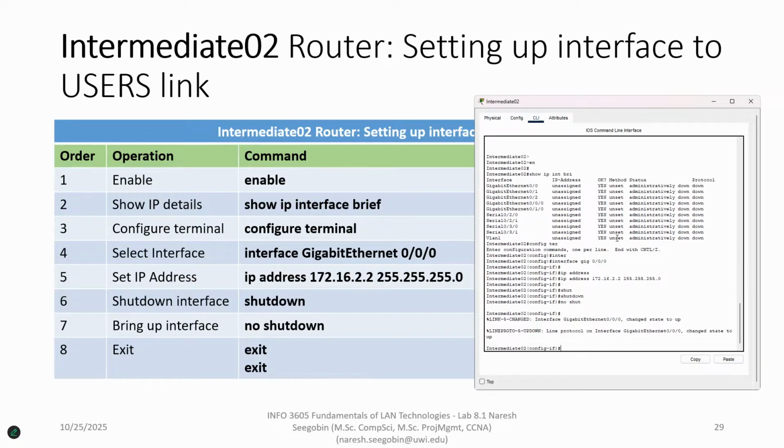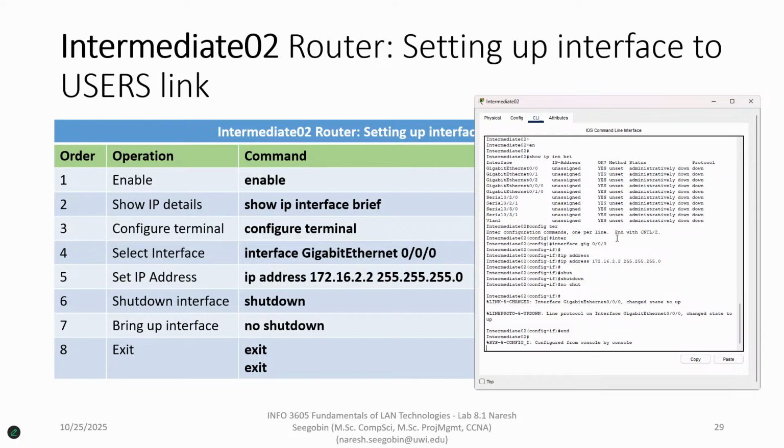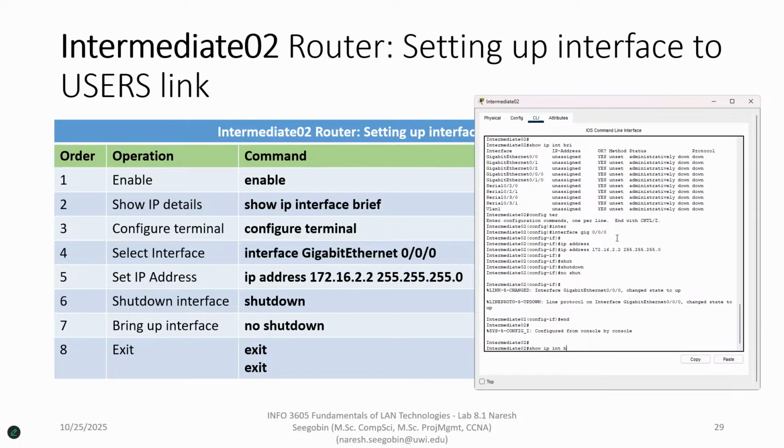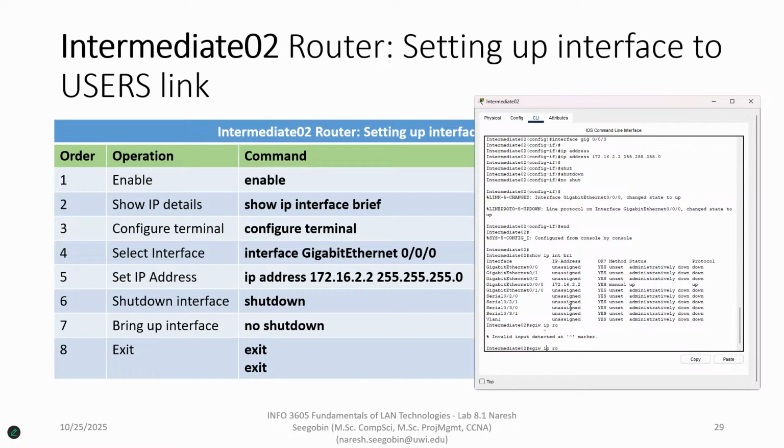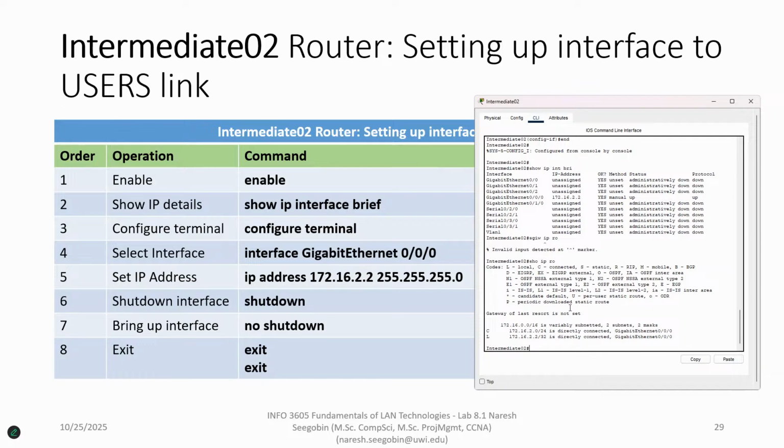Notice your two messages here. Your link is up. Your line protocol is up, right? So IP interface brief, and there it is, up state. That's a fiber link. And if you do a show IP route, right there it is, directly connected. On to the next one.